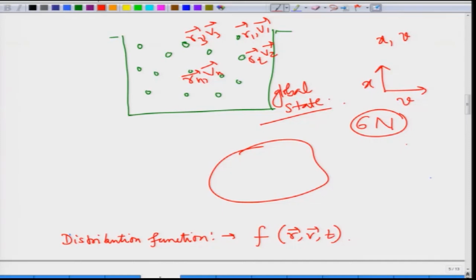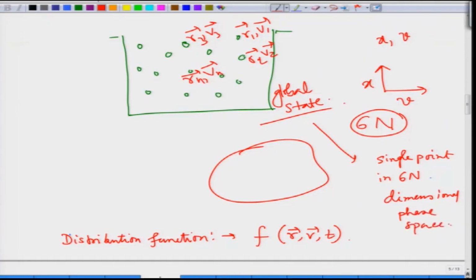And that will be represented by a single point in 6n dimensional phase space. So, we have somehow introduced the concept and the basic philosophy behind introducing the distribution function.